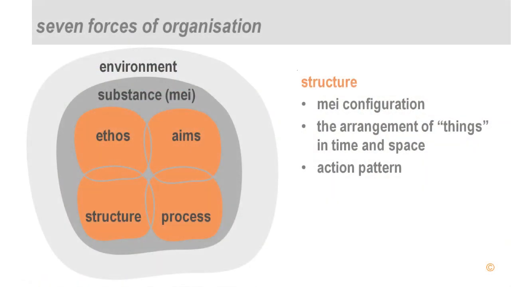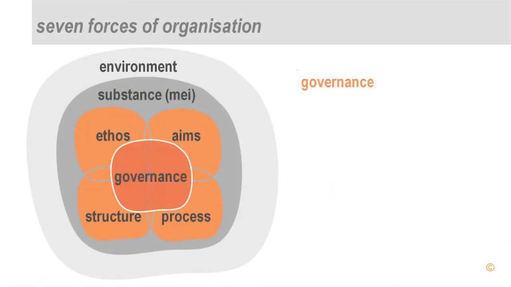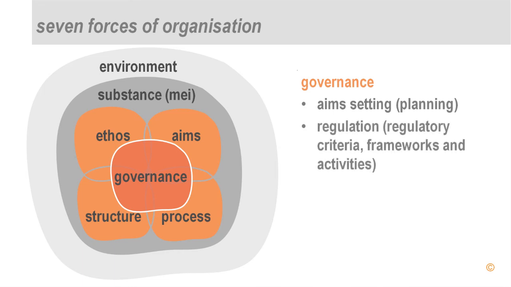Then every system has governance. It sets its aims. That is what we normally do in planning. And then every system has regulation. It has regulatory criteria, for example, the norms and specifications according to which we need to perform or do our actions.